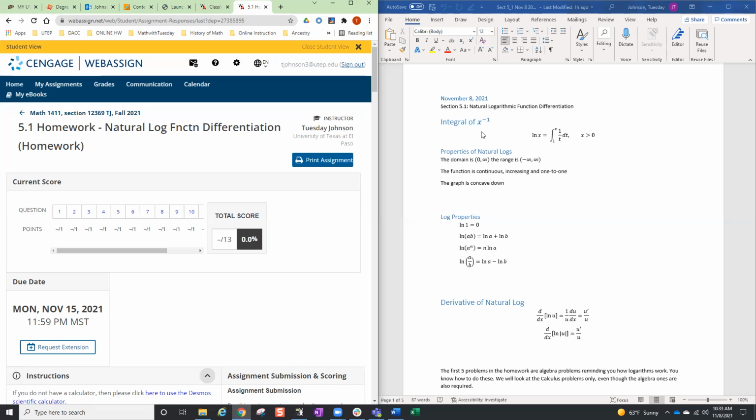Okay, so first of all, the natural log of x, right? We know that's the inverse function of the natural exponential function, but it actually has a definition. It's a definite integral with an upper limit that is a variable.